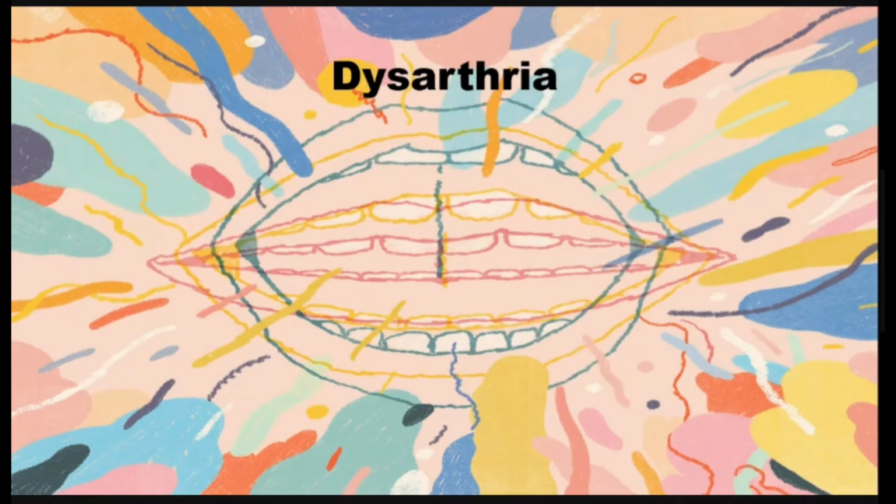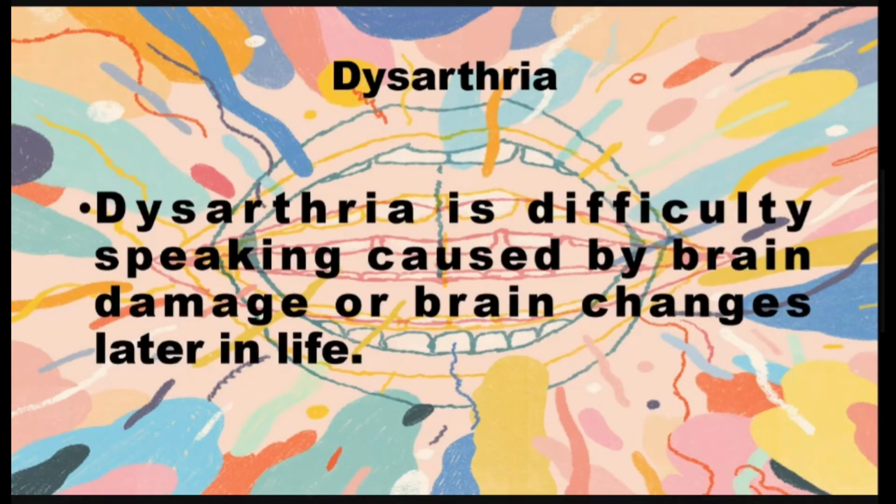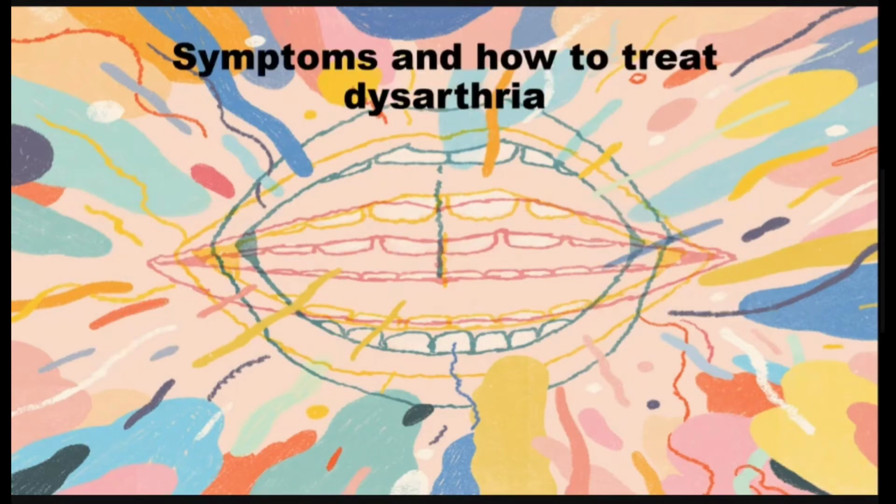Now let's move on to dysarthria. I don't know how to pronounce this. So, dysarthria. Dysarthria is difficulty speaking caused by brain damage or brain changes later in life. Symptoms and how to treat dysarthria.